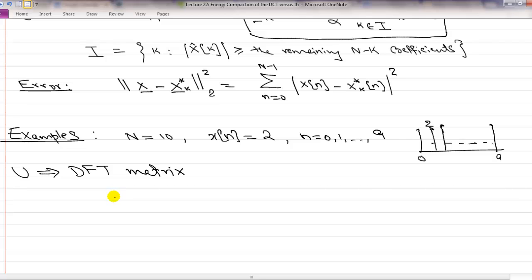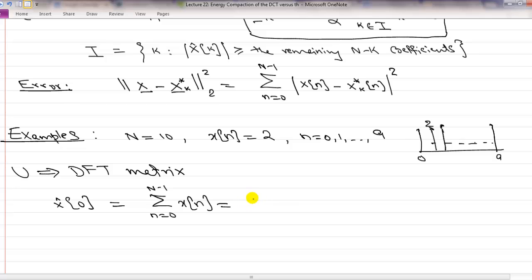What's the discrete Fourier transform of a constant signal? Which of the coefficients will be non-zero? Only the first one, right? The Fourier transform of a constant signal is just a delta function at k equal to 0. So only your x hat of 0 will be non-zero, and that will be equal to simply the sum from n equal to 0 to n minus 1 of xn.